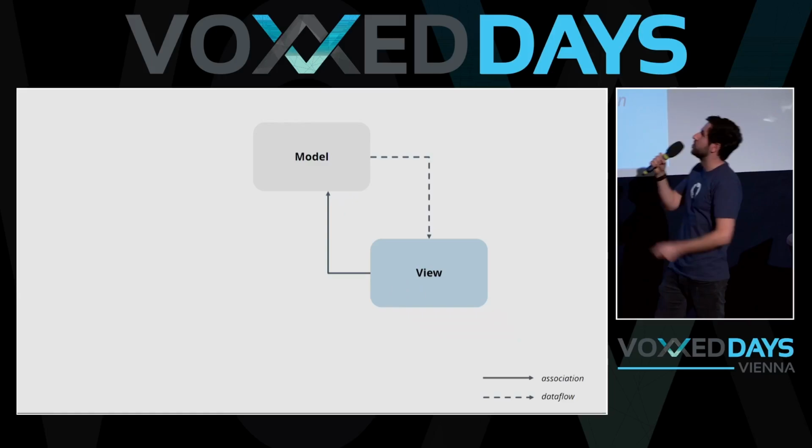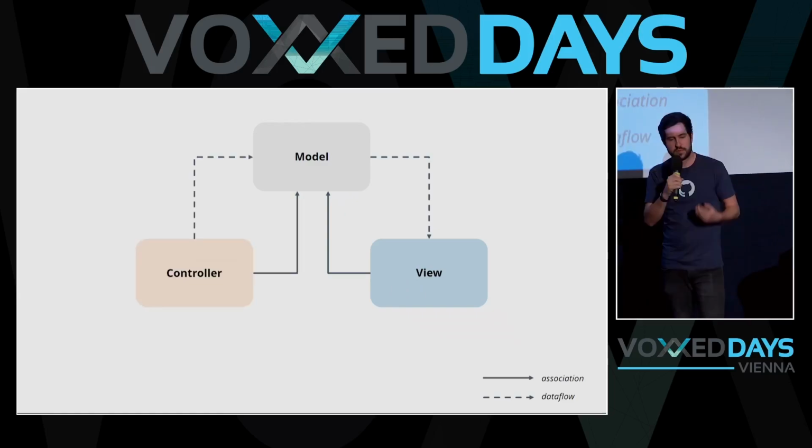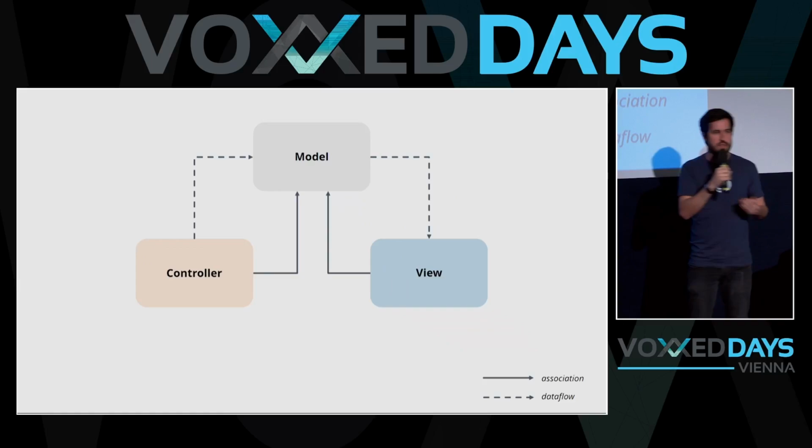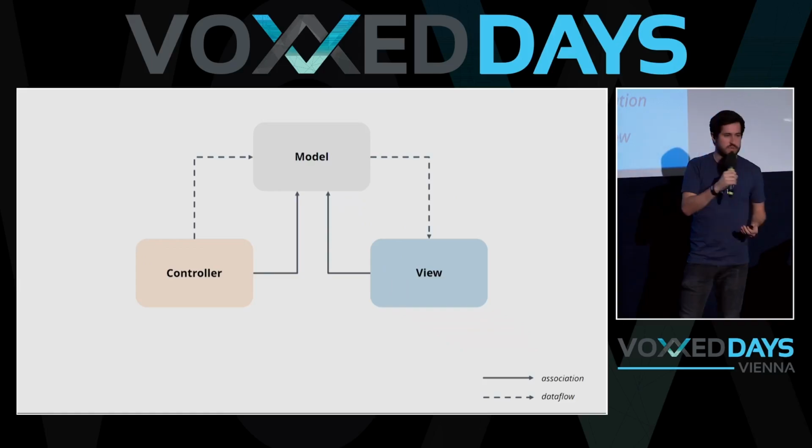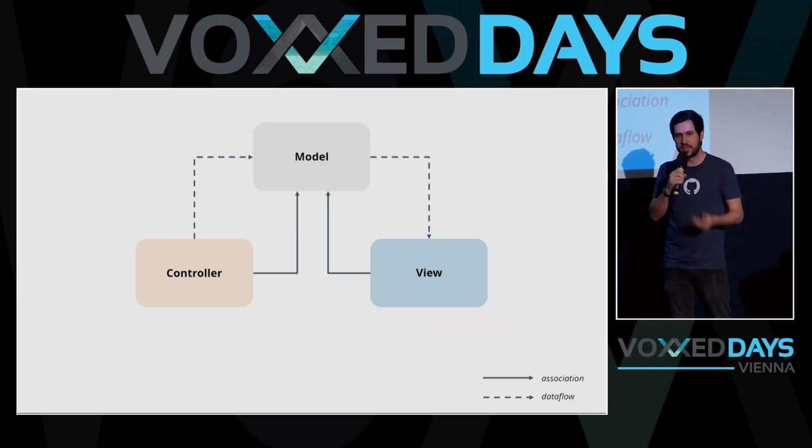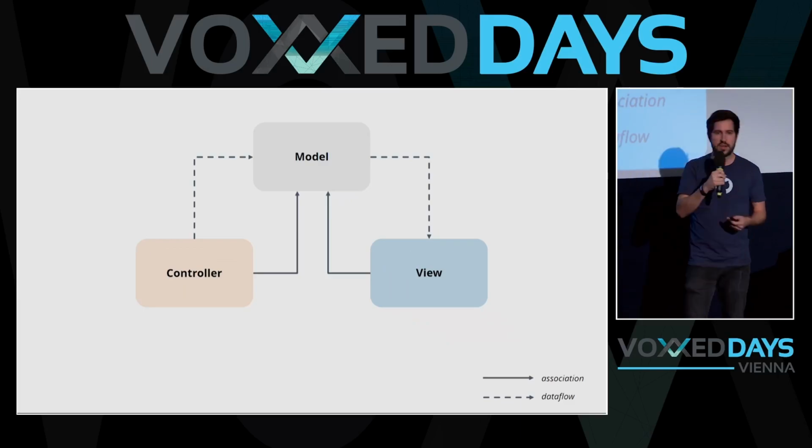And the third element is the controller, obviously. And the controller's job, described in the terms that Reenskog uses, was the controller is the link between the user and the system. So it's the controller's job to map things from the user to abstract events or commands to this model that doesn't know that it's even presented somewhere.